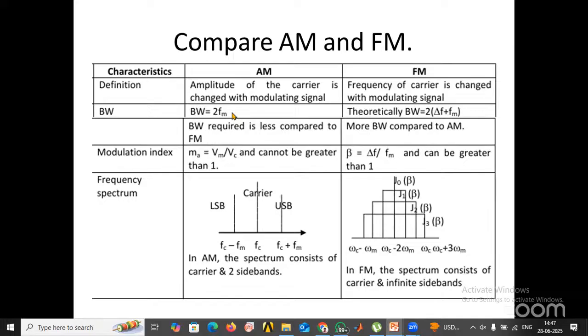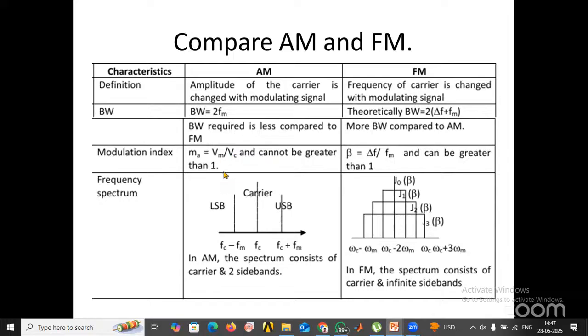Bandwidth required for AM is 2 fm. Bandwidth required for FM is 2 into (delta F plus fm), where delta F is the frequency deviation. The bandwidth is very low for amplitude modulation, whereas it is very high for frequency modulation.